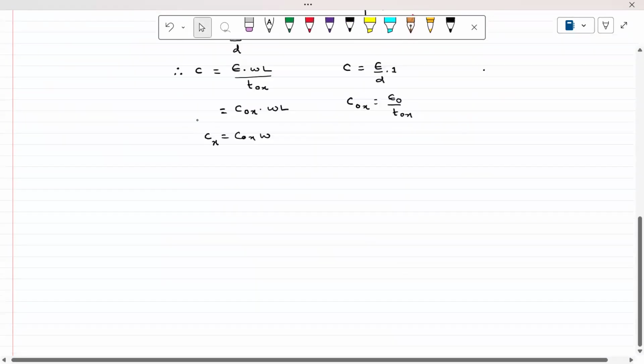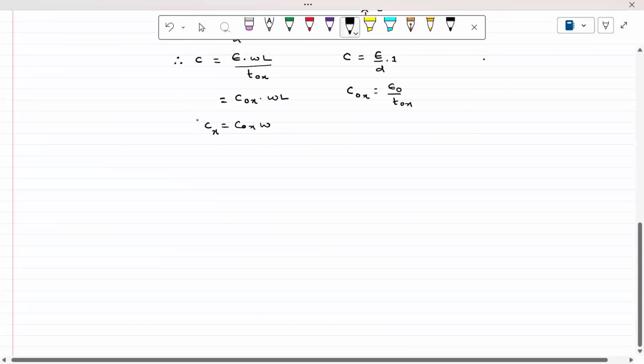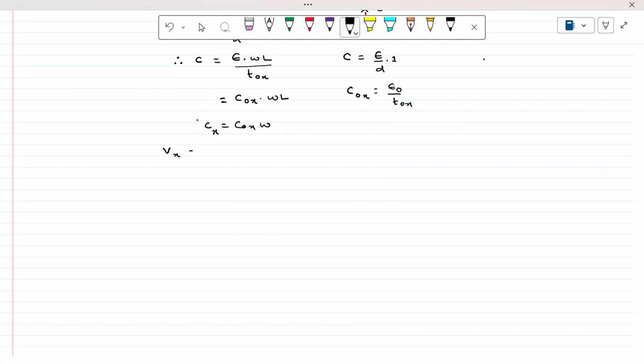V of X is the potential difference between the top plate and bottom plate, which must be higher than the threshold voltage, then only the channel will be formed.